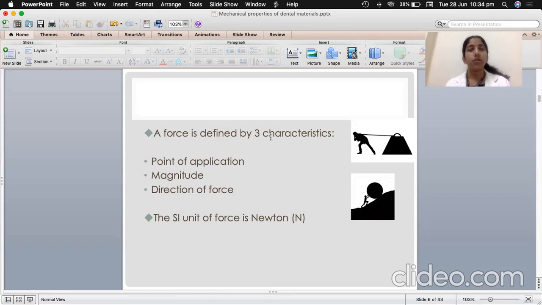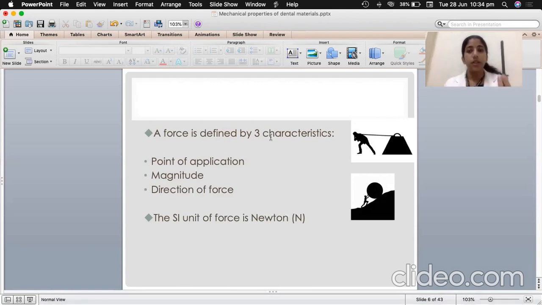Point of application: suppose we are applying 100 Newton of force, and we all know the unit of force is Newton. If you are applying 100 Newton of force to, suppose, this pen, the force applied at the tip of the pen gives a different result from the middle of the pen, and from the bottom.